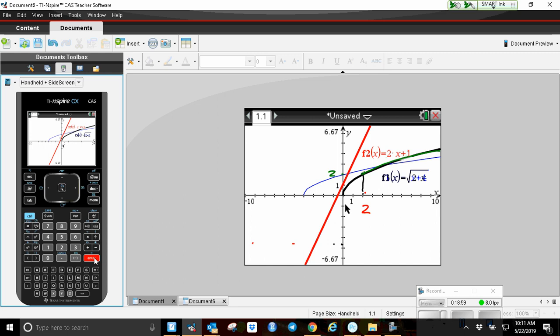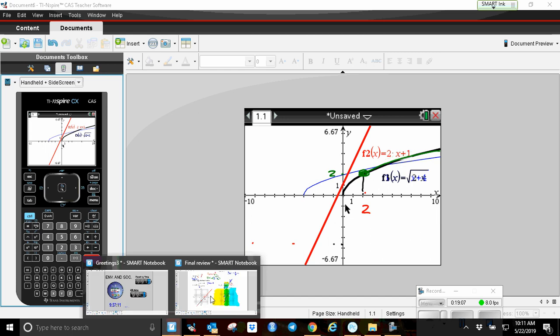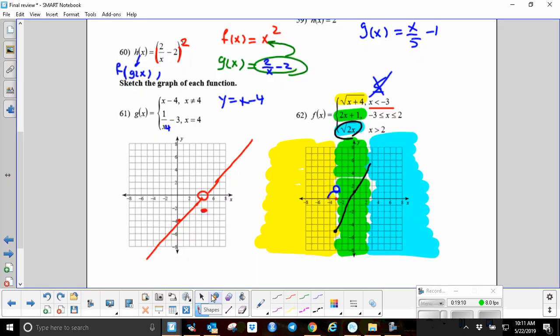So start right there. 2 and 2. So go back, like that. And I'm going to leave that almost to the end.